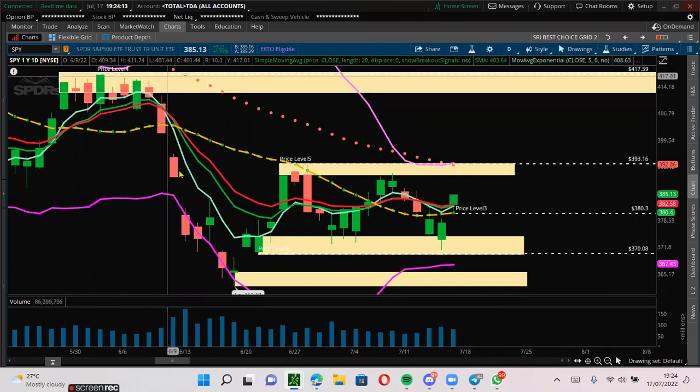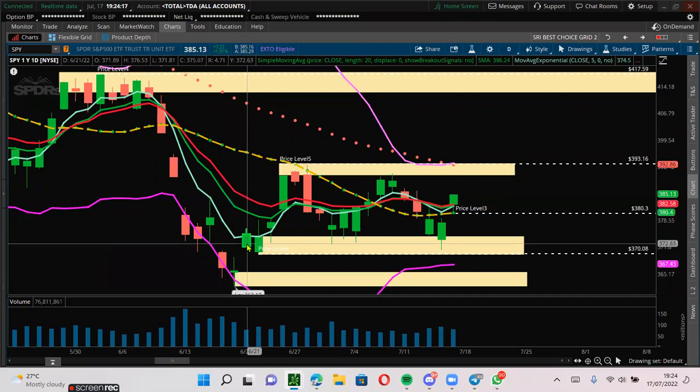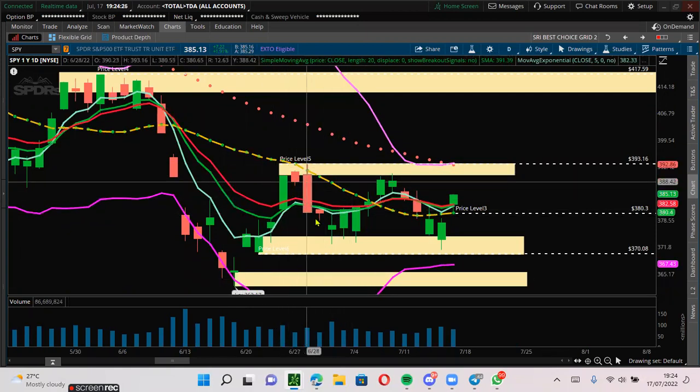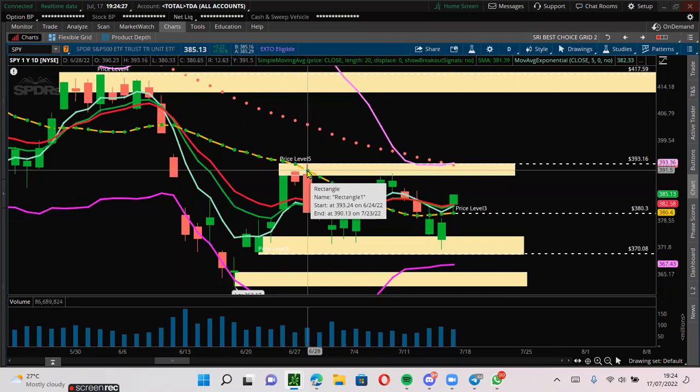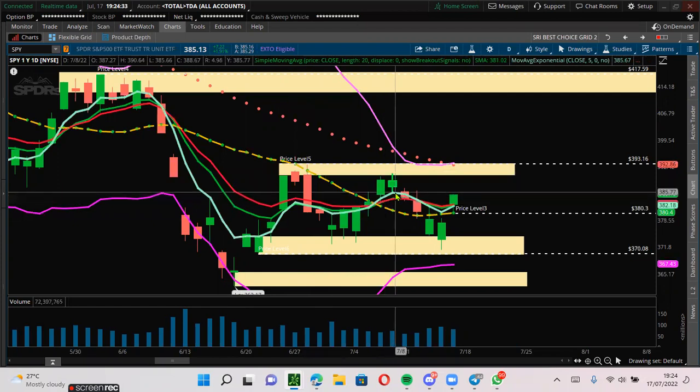And every time it comes back and then tries to rise above, this is a good time to add calls. Even the middle band you can retest; the S&P can retest every time. You can trade puts right now, and eventually if it breaks out, you can try to trade calls.